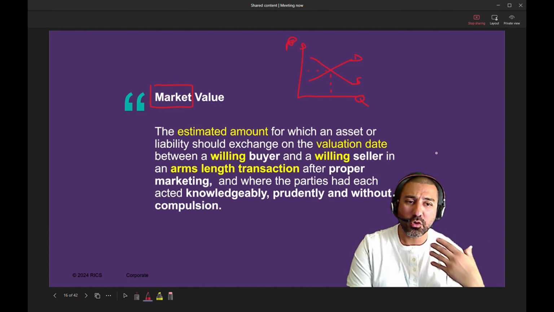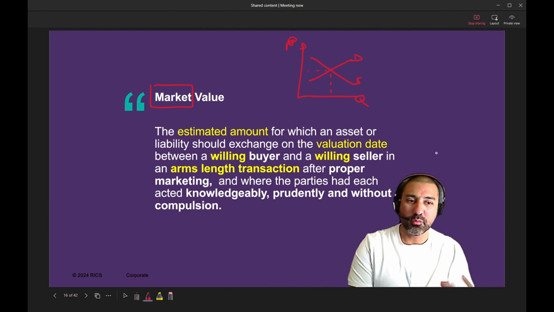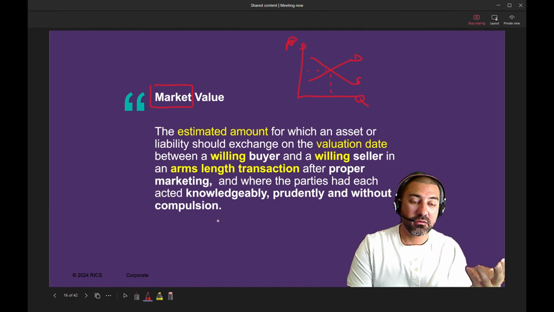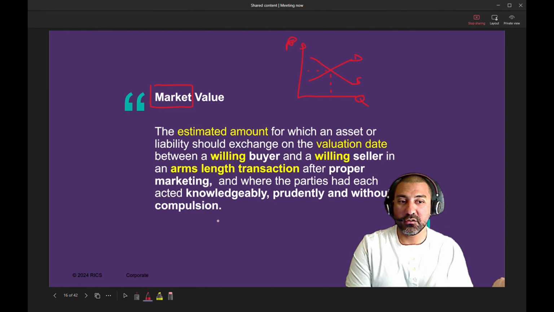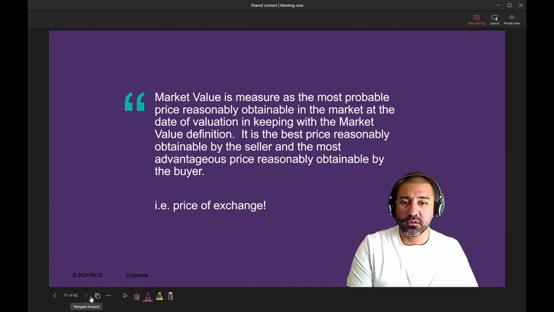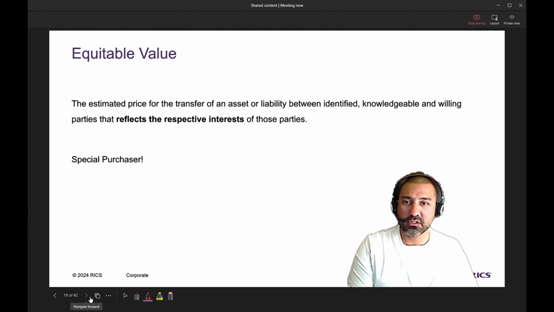So this is the normal sort of market, there's alternatives, the market is open, transparent, etc. So therefore, if an investor is investing in another company, it might not be a market value. It might be a measure of worth or investment, right? Market rent is the same case with rent, willing lessor, and willing lessee, etc.